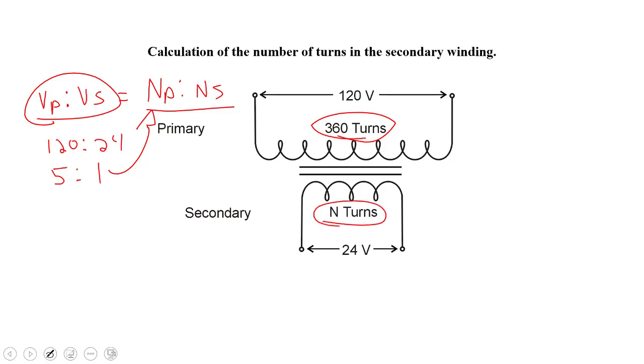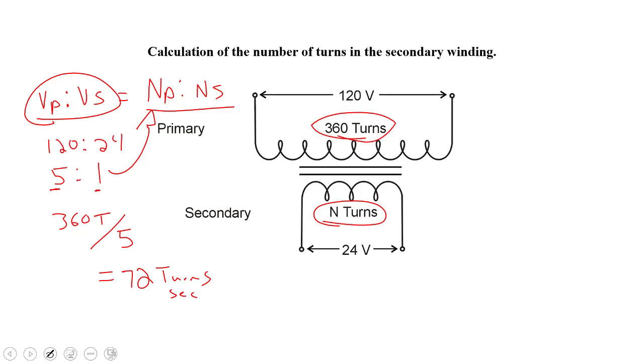For every 5 turns on the primary, we've only got 1 on the secondary. So if I take 360 turns and divide that by 5, 360 divided by 5 is 72 turns on the secondary. So there's one method we could use.